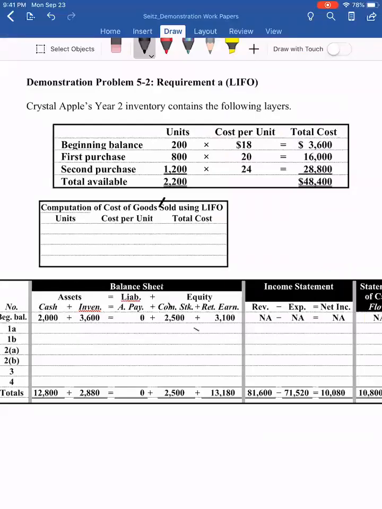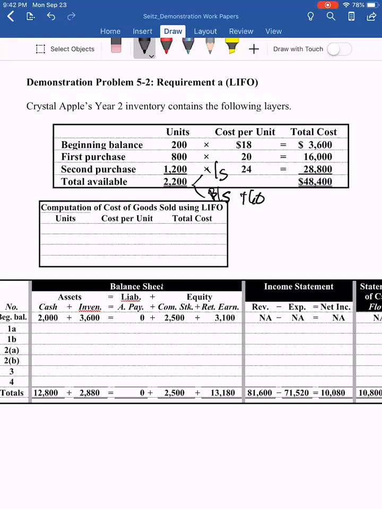So again, here are our goods available for sale. This is what's total available for sale for the year period. I'm always going to try and break up that total available for sale between the income statement by cost of goods sold and the balance sheet as ending inventory. I will always have 160 items in this particular problem.